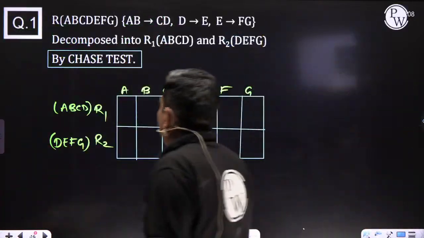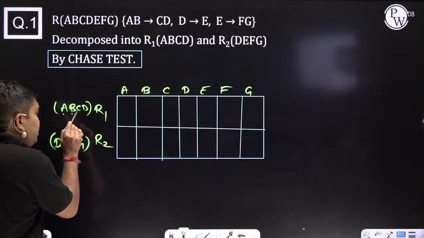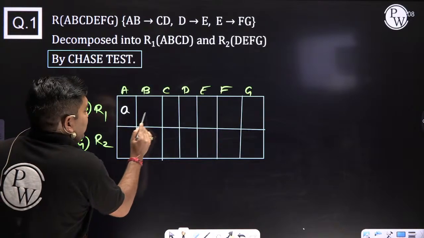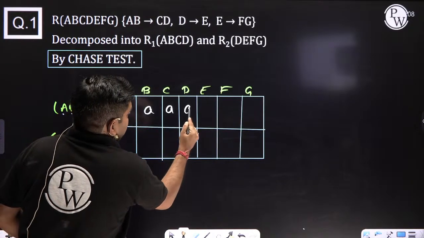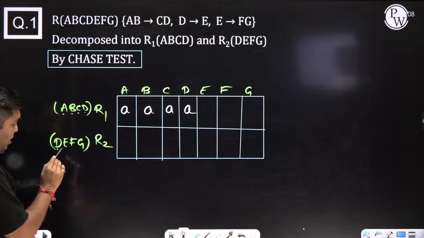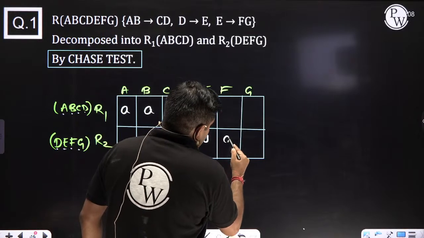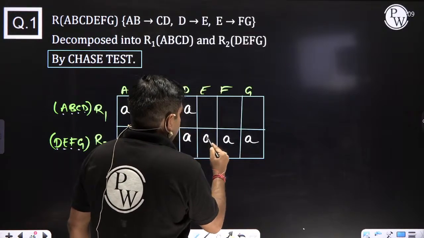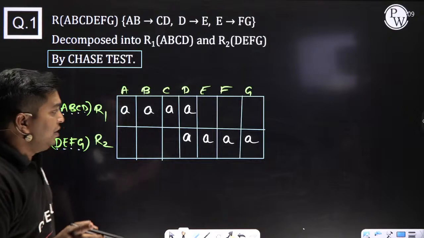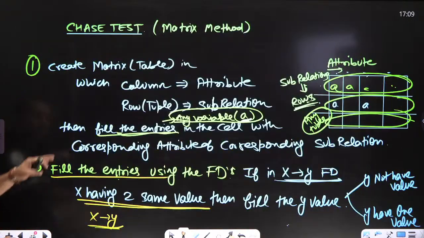Meaning to say, here A, B, C, D, I will write A, B, C. And here D, E, F, G, I write A. Clear, everybody? This is step number 1.